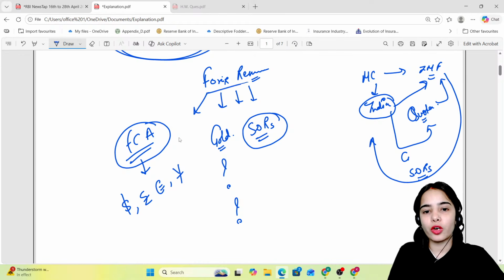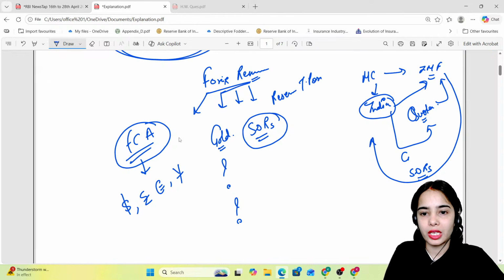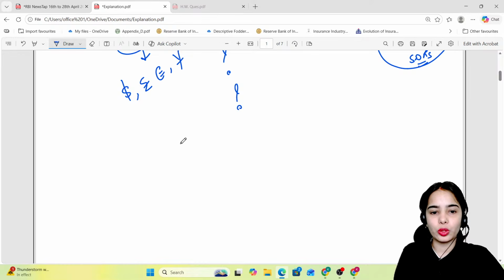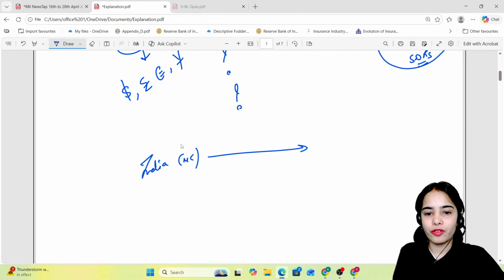There is also the reserve tranche position under the foreign exchange reserves. As I told you, India, being a member of the IMF, has to provide a quota.